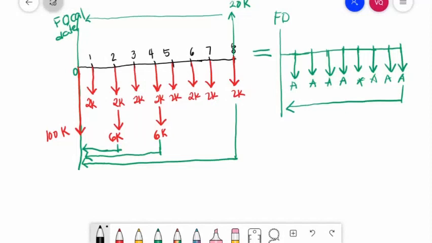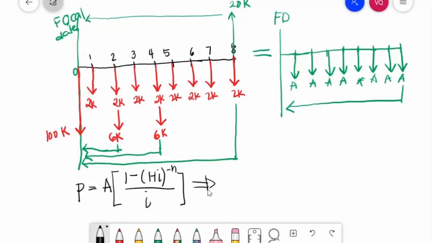Analyzing our cash flow diagram, since this is annual, the maintenance of the machine, 2K, we will use P is equal to A multiplied by 1 minus (1 plus i) raised to negative n, all over i. This is for equal annual cost.